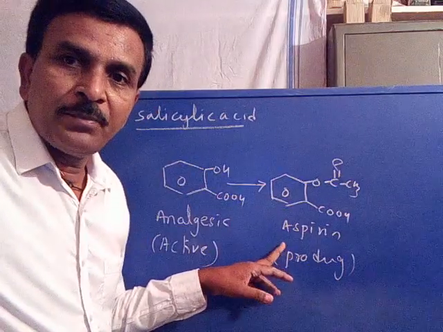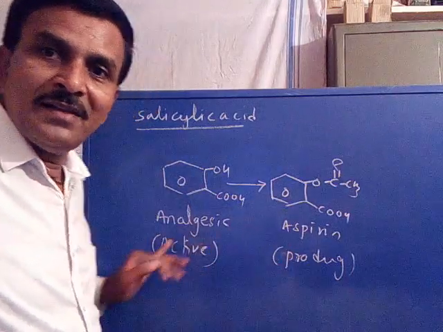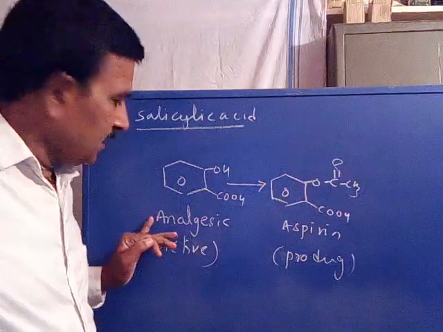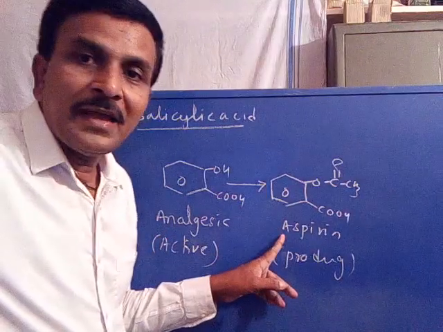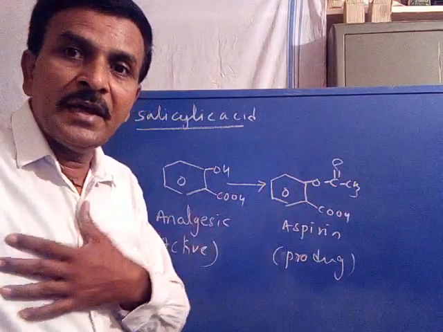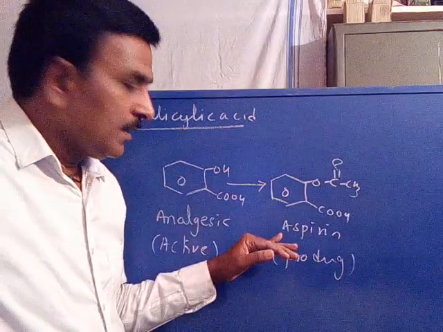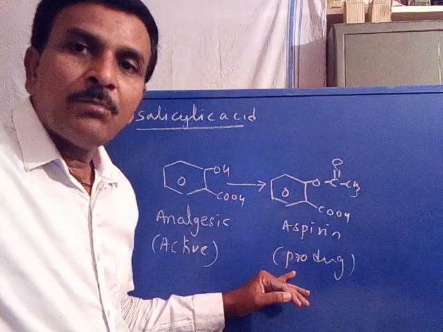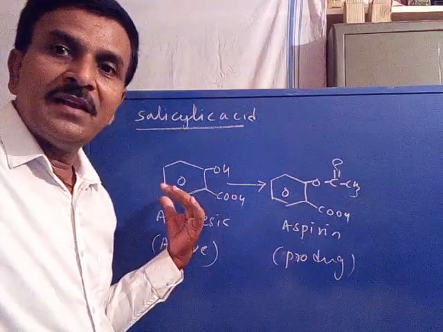You see, aspirin is a prodrug for salicylic acid, which is analgesic. Aspirin is an inactive agent, it is not active, so it is a prodrug. For what? For salicylic acid.